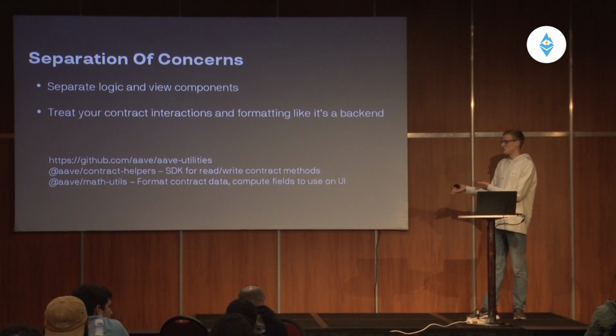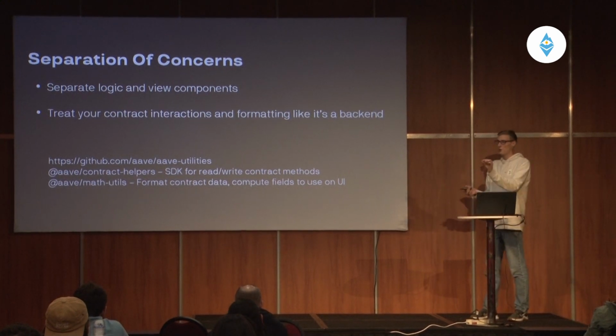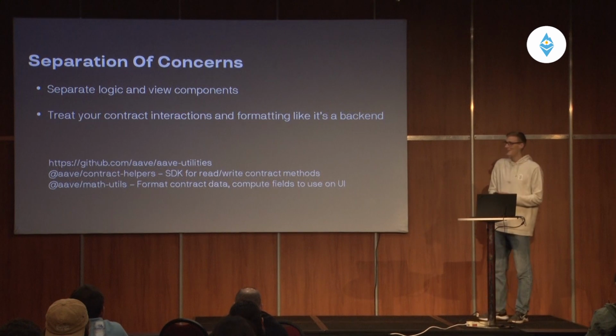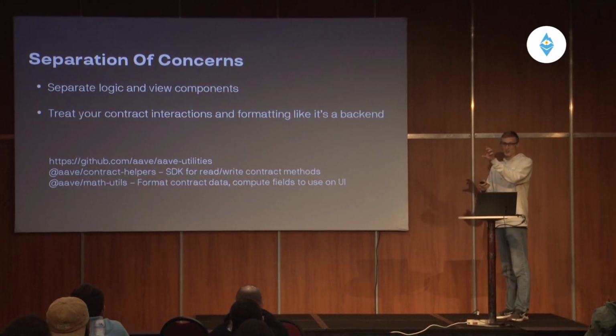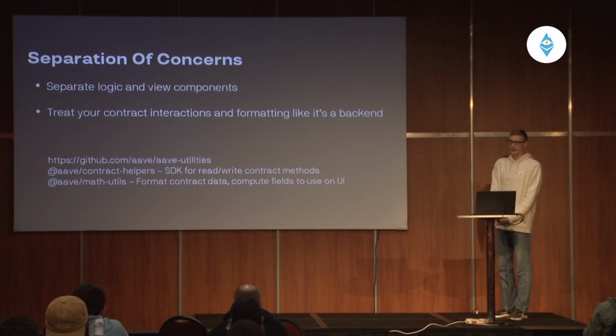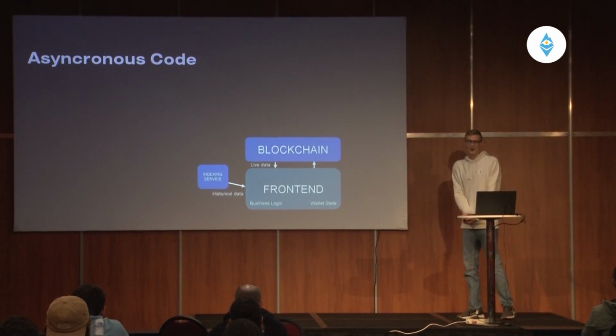A lot of times you're going to be doing these computations, but if you do them inside your view components, you're going to be running them over and over and over again. Separating these concerns, only running this code once and having it in a totally separate place, is a really great way to get around that pattern.